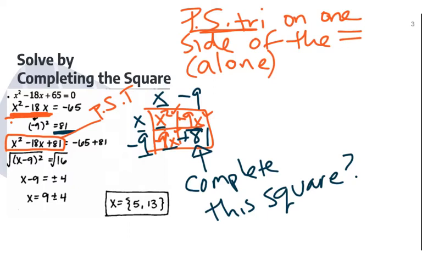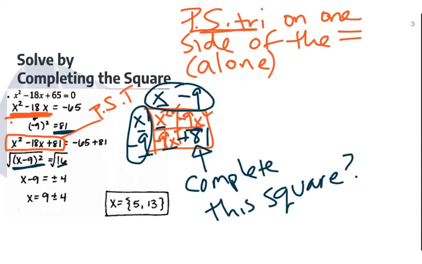So now that I have this perfect square trinomial, I can rewrite it as x minus 9 times x minus 9, or x minus 9 squared. Once x minus 9 squared is by itself, if you notice the 16 is on the other side of the equal, then I can square root both sides.